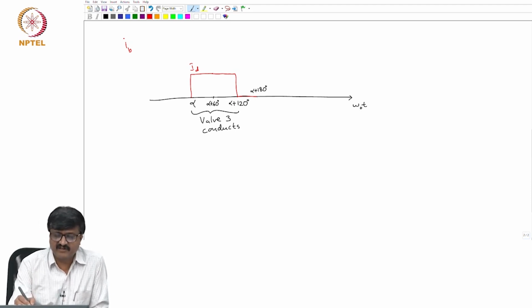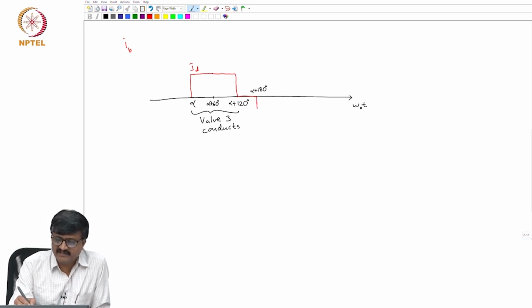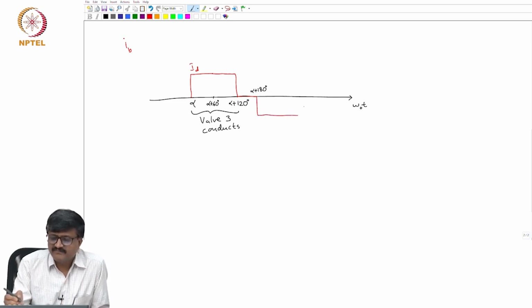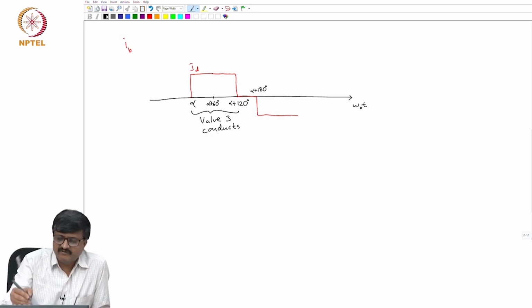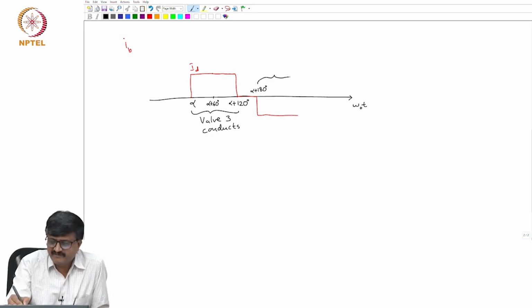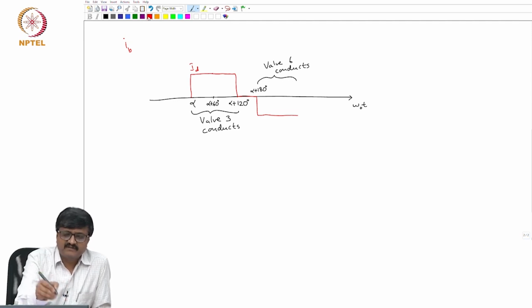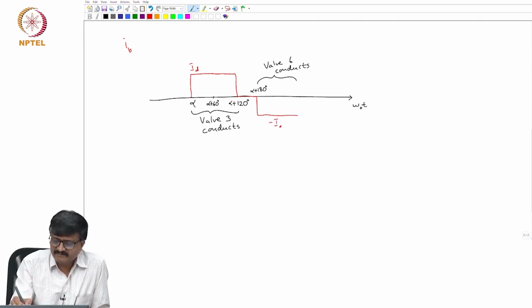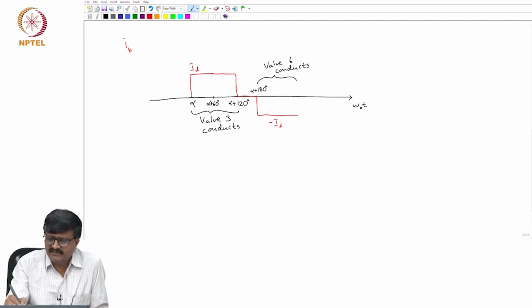So, when 6 is turned on, IB is non-zero and it is equal to minus ID. I have a duration of 120 degrees for which valve 6 conducts. When valve 6 conducts, IB is minus ID.